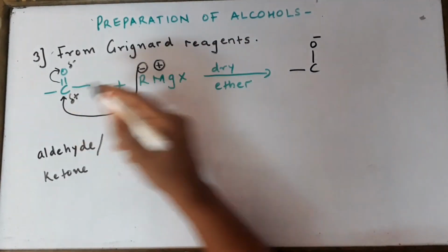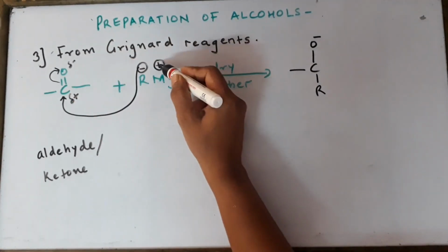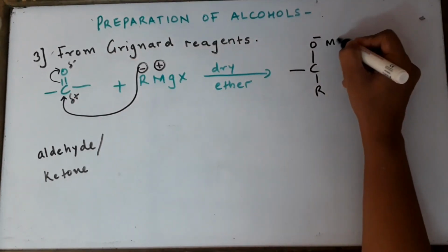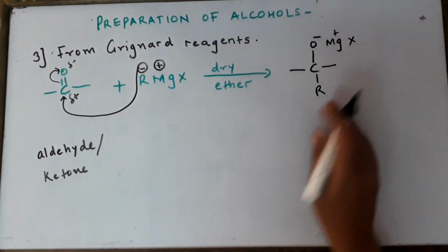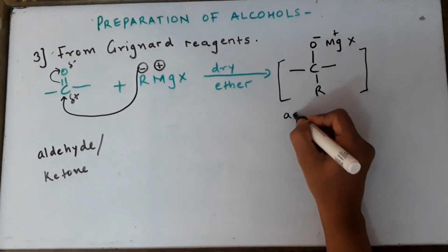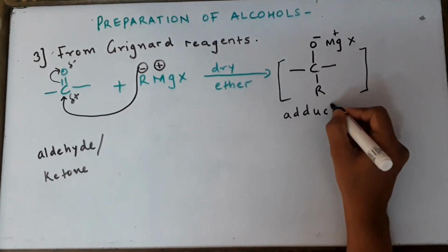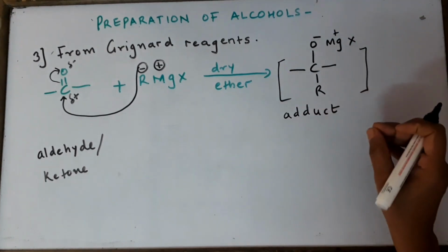The R has got connected with the carbon atom, and the Mg plus will be next to the O minus. So this is the first intermediate formed, which will be called an adduct. It is a blend of the words addition product, so it is an adduct.